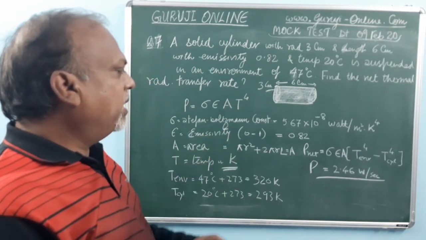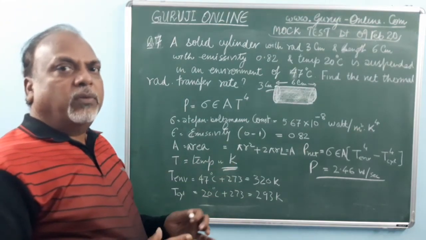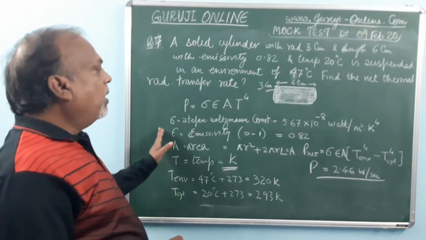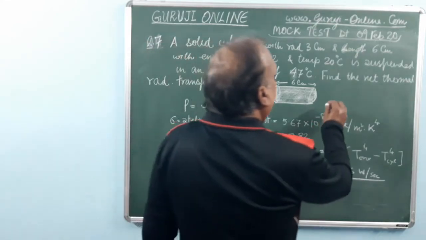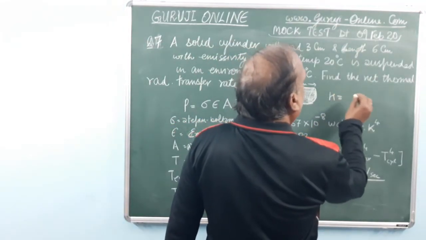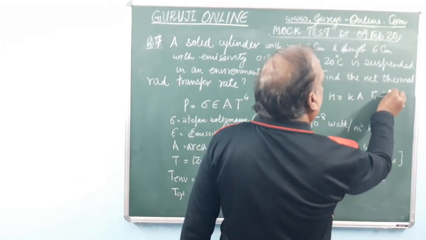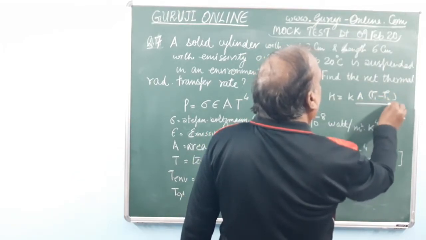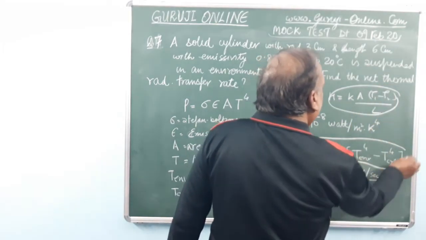So you must remember this formula. This is the formula for transfer of energy due to radiation. Transfer of energy due to conduction, we already know that is K A T1 minus T2 upon L. So this we already know, and this is for radiation.